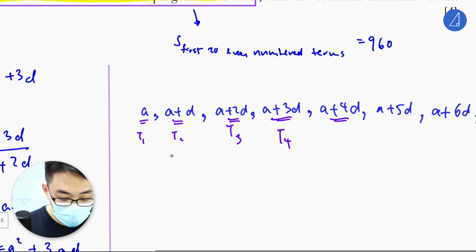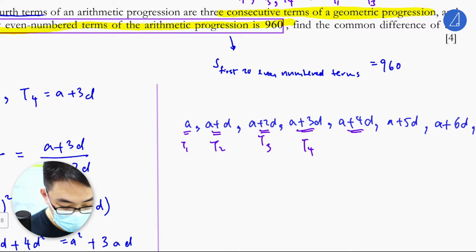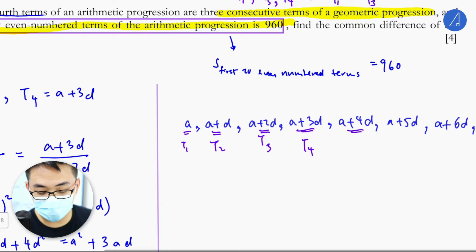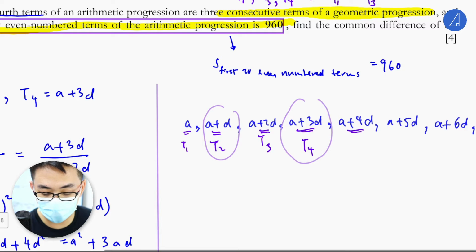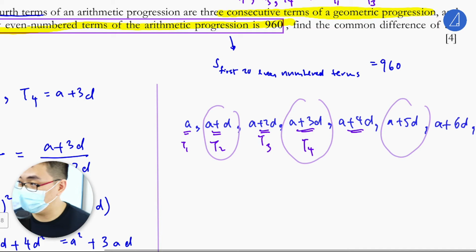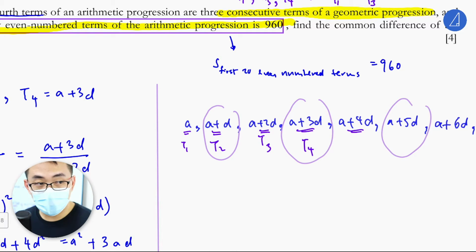Okay, they say the first 20 even terms. Now take note, if you take a fixed interval out from an AP, it will still be an AP. It doesn't matter, it can be even number, odd number term, or even every third term or anything, any fixed interval, as long as you take it out, it will preserve the progression.